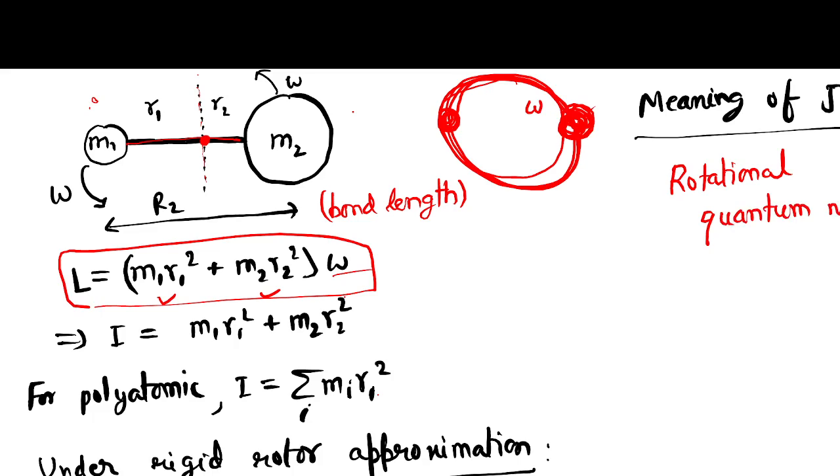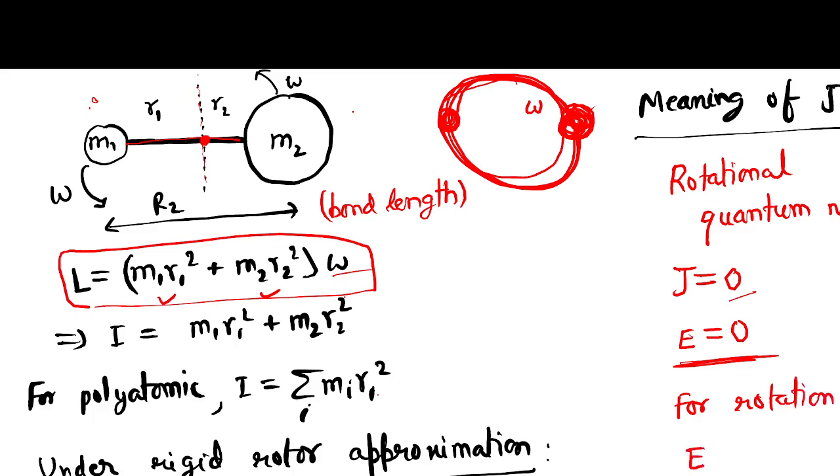So what is the meaning of J? What values can J have? Let's say J equal to 0. In that case energy equals 0. You can substitute this J here and you will find energy equal to 0. So what is the meaning of this? Any guess? No? Okay. For rotation, E is nothing but kinetic energy plus potential energy.